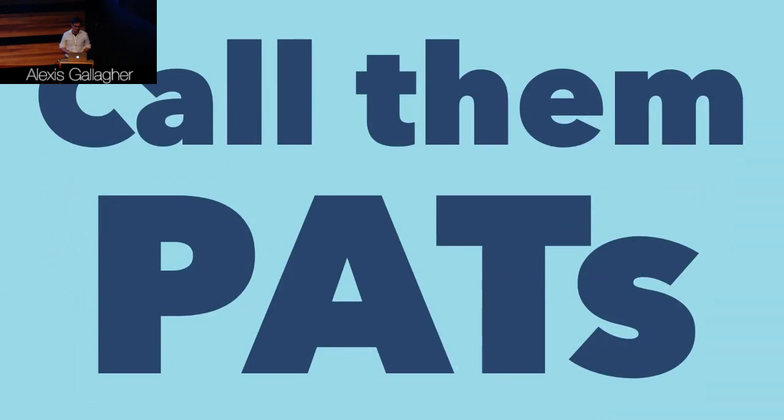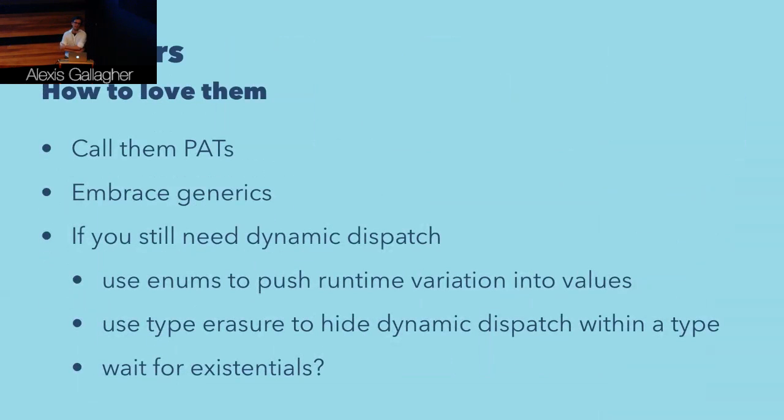So call them PATs, and if you're going to use them, then you need to embrace generics, at least at the moment, because they can only be used as generic constraints, so get comfy with that idea. If you still need dynamic dispatch, or something like it, because of the purpose you had in mind when you decided you wanted to use a protocol, I only have 3 bits of advice to end the talk, so I can't go into it in detail.